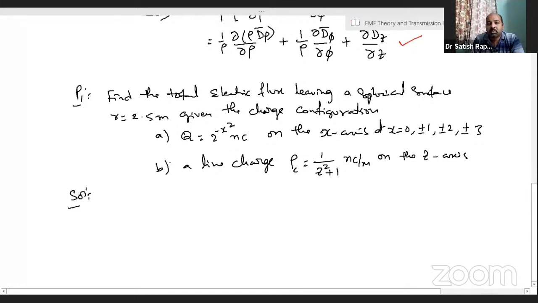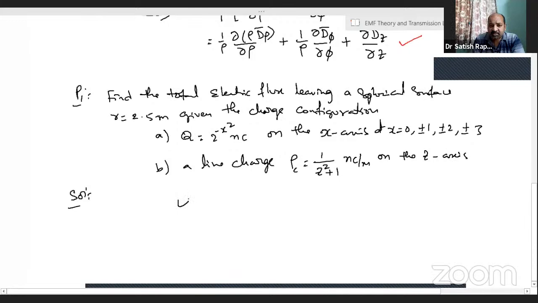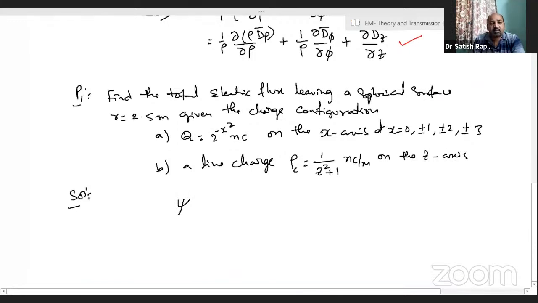Understanding the question is nothing but getting half the answer. So here, find the total electric flux leaving a spherical surface. The total flux leaving a spherical surface is psi.